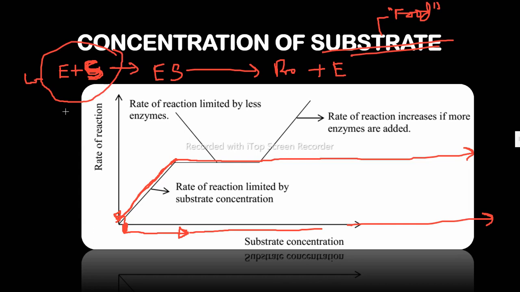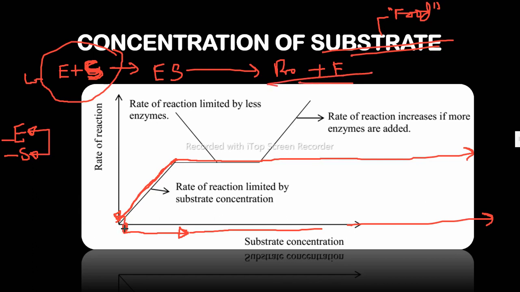For the enzyme to collide with the substrate molecules, you must have enough enzymes, you must have enough substrates, and the two must be in proper orientations to successfully collide to form products.